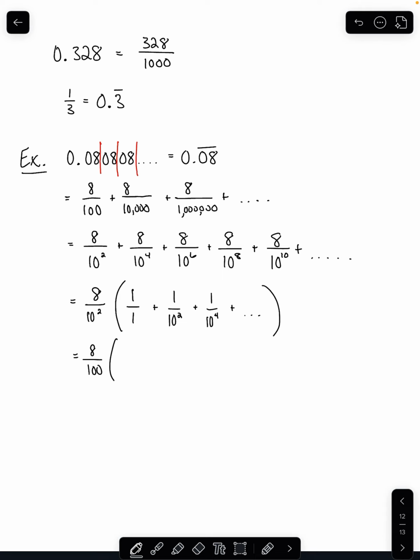For the others, then, the first term is basically 1 over 10 to the 0, and then 1 over 10 squared, and then 1 over 10 to the fourth, and so on. So that each denominator is 10 to the 2 times n power.